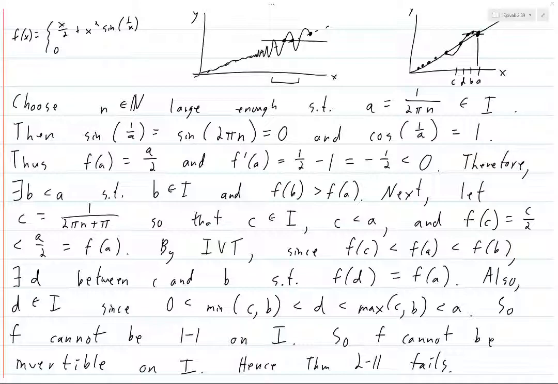But this is an important task in mathematics because it allows us to refine our theorems and make sure that we're getting the most that we can out of our hypotheses. But yeah, that's all that we need to do for this exercise, and so we're done.